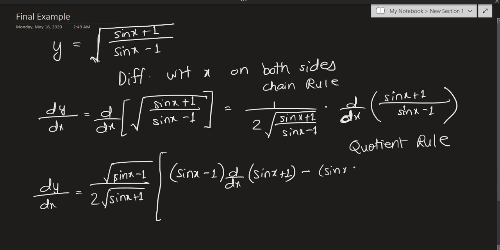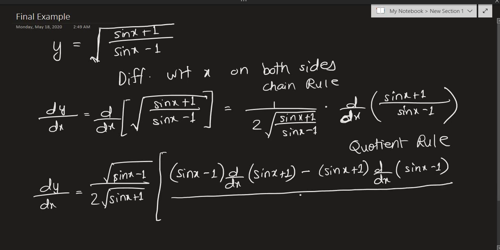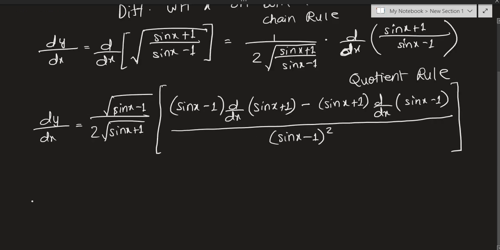So sine of x plus 1 is waiting while we differentiate sine of x minus 1, or the denominator. But don't forget the most important part, squaring the denominator. So we have sine x minus 1, the whole thing squared. Well, brilliant. We still have to differentiate these two quantities, right?